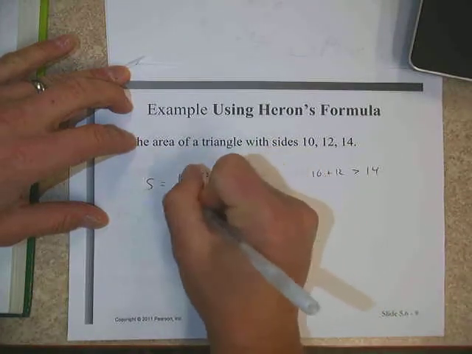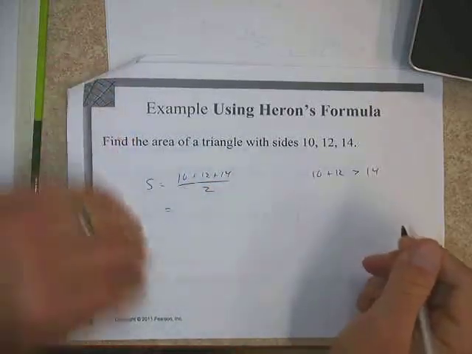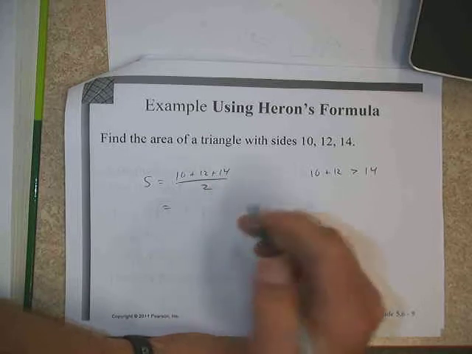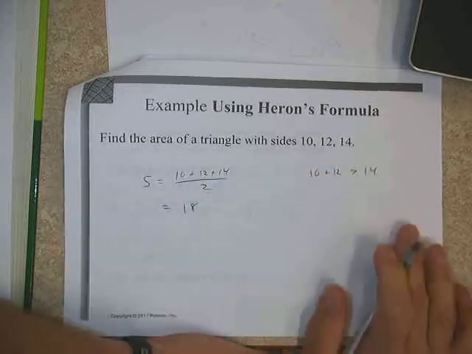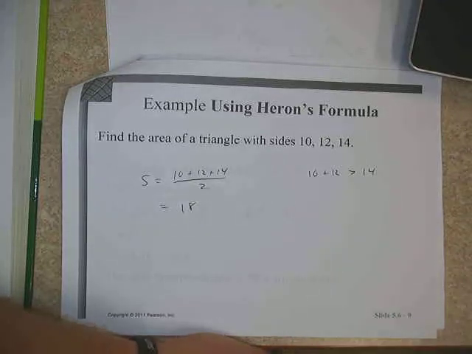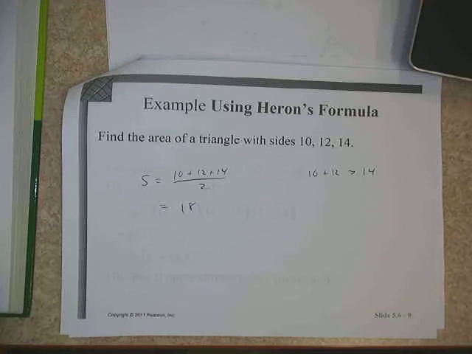So what we're going to calculate first is S, which is going to be 10 plus 12 plus 14 divided by 2. So in our case, 36 divided by 2 is going to be 18. So 18 will be our S value, our semi-perimeter.